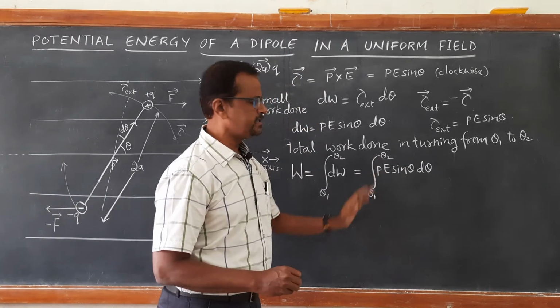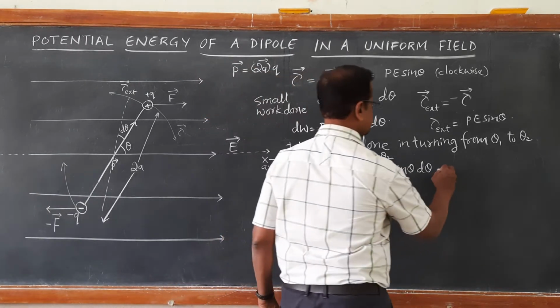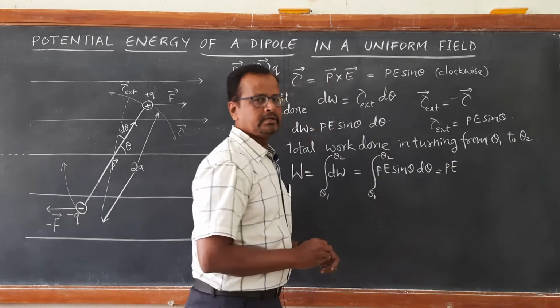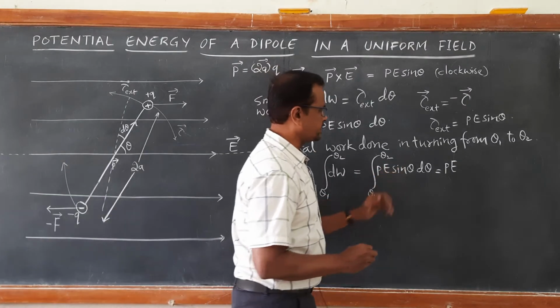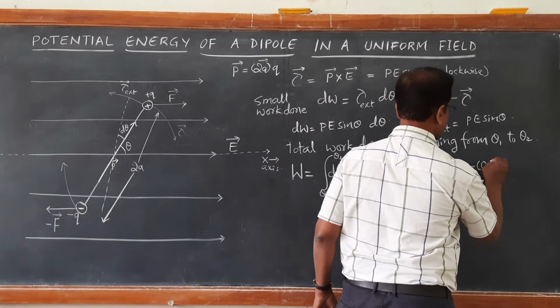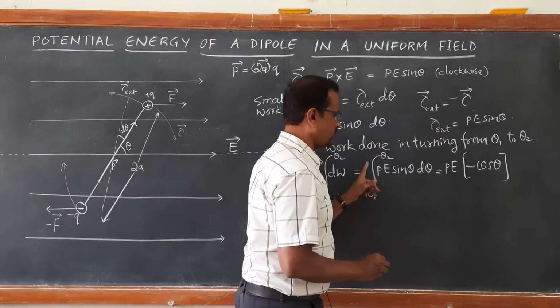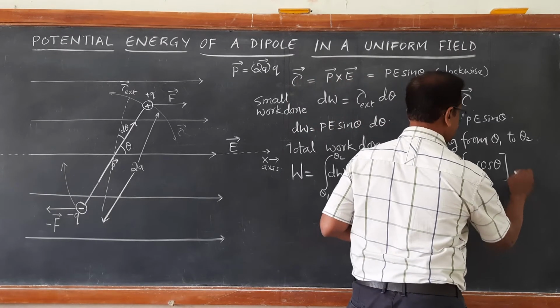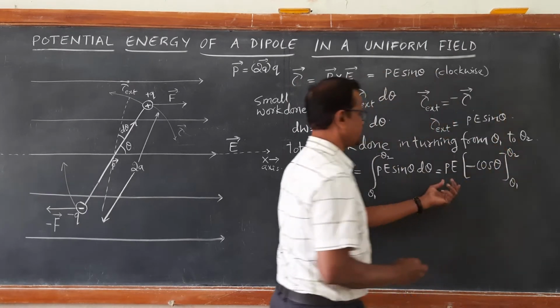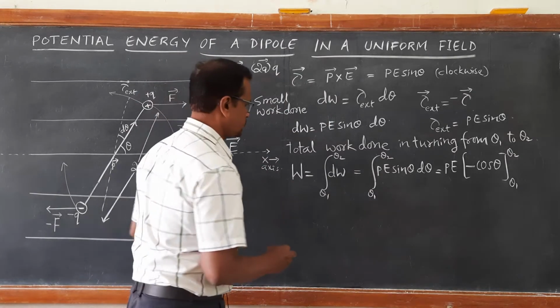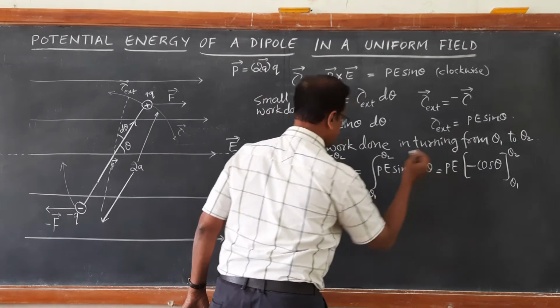Now, Pe being constant, I will take it out. Pe, now the integration of sin theta becomes minus cos theta, and the lower limit is theta 1, the upper limit is theta 2. This becomes the total work done, right. So, I will take this minus sign outside.